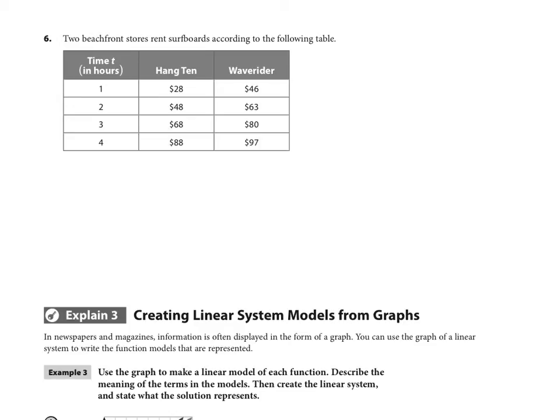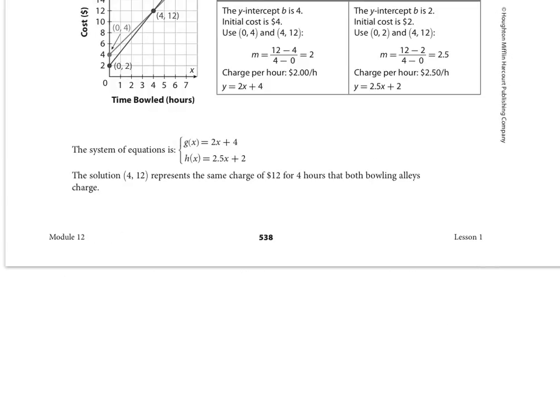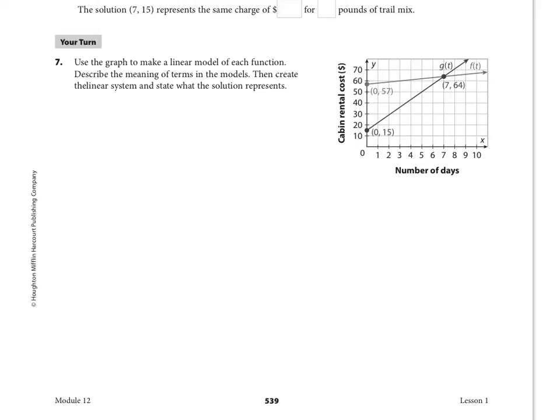So they give you another one to try here. We're going to skip that. So here's one with a graph. Fill in the blank. So I'm going to do this one with you as well. So it says use the graph to make a linear model of each function. Okay, so I'm going to take the dark one here, g of t. There's my y-intercept.